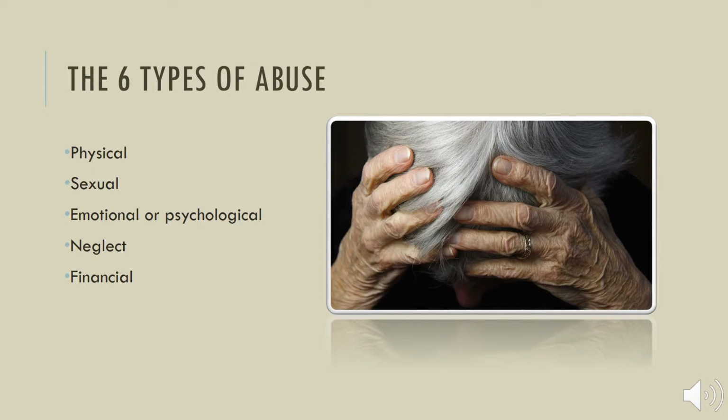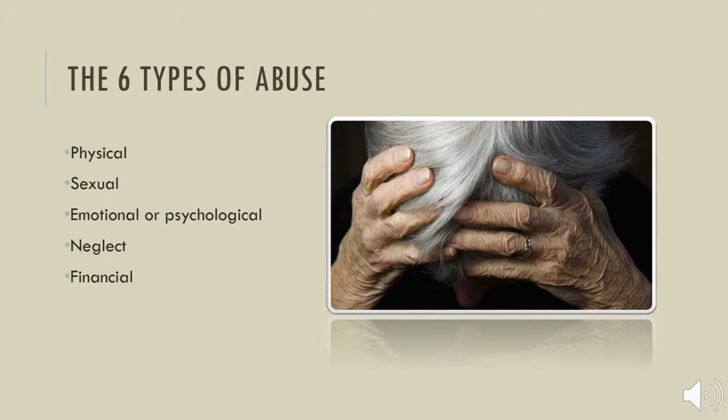Sexual. This involves forced or unwanted sexual interaction of any kind with an older adult. This may include unwanted sexual contact or penetration or non-contact acts such as sexual harassment. Emotional or psychological.